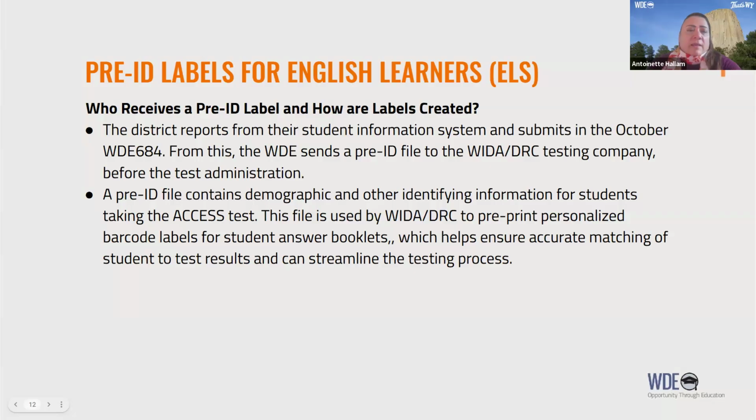This pre-ID file includes demographic and identifying information for each EL student, and WIDA DRC uses it to print personalized barcode labels or pre-ID labels for access testing materials. These labels help ensure accurate student-to-test matching and make test administration more efficient.